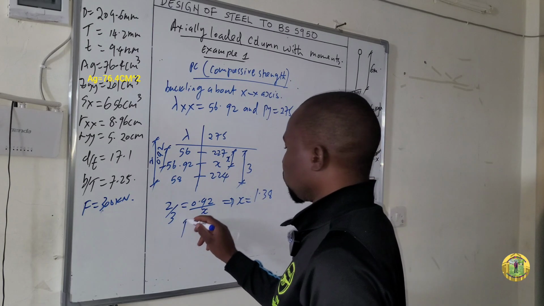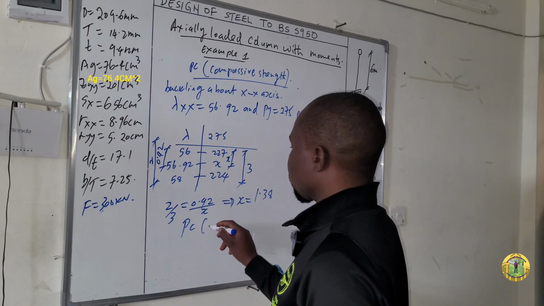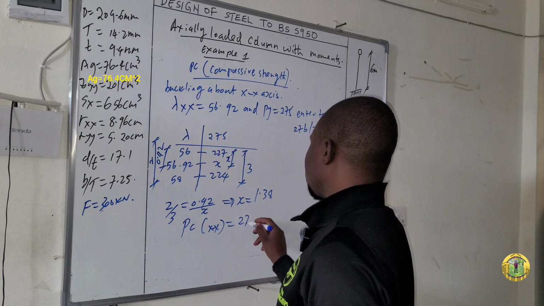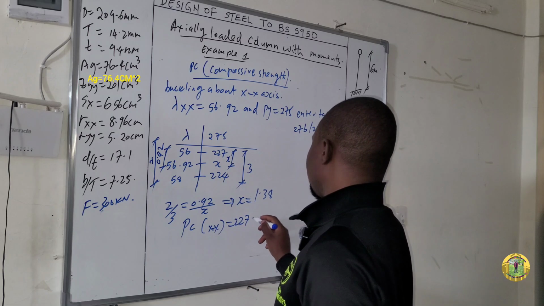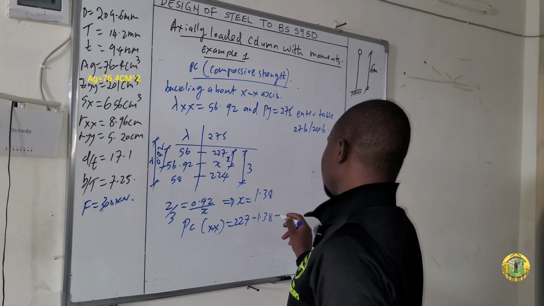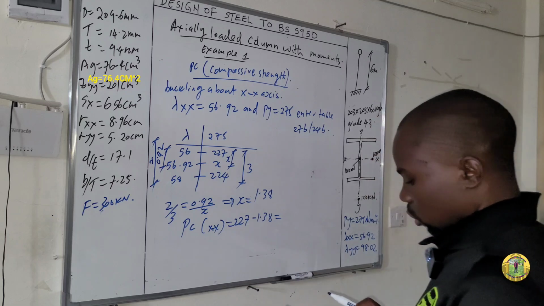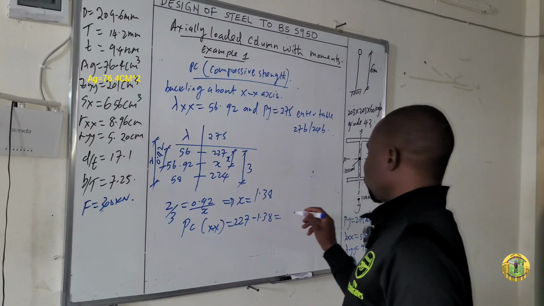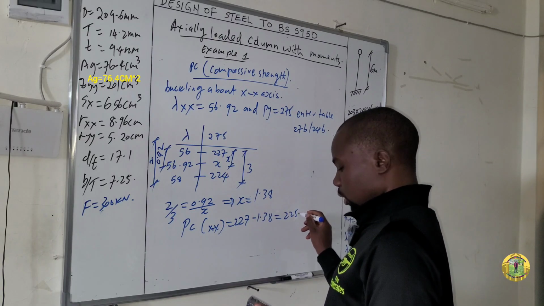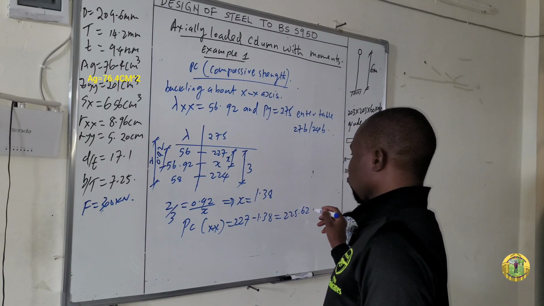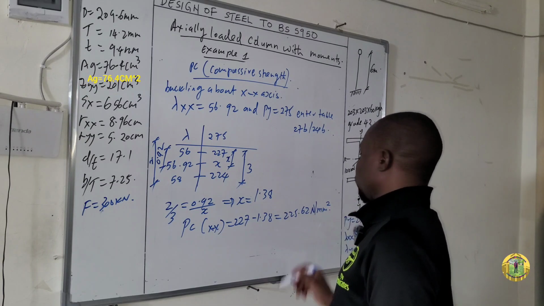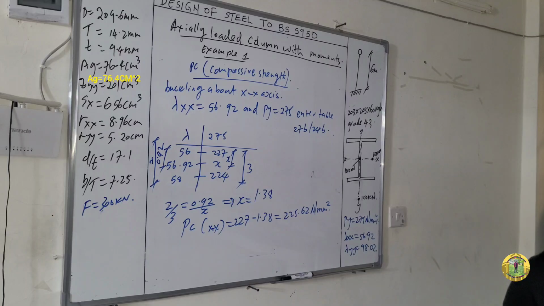So PC is 227 minus 1.38, which is equal to 225.62 Newton per millimeter square. So this is PC for XX axis.